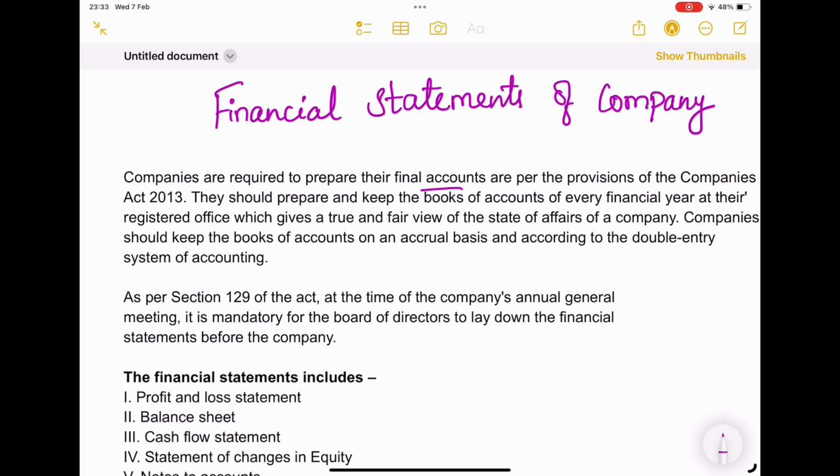As per section 129 of the Companies Act, at the time of the company's annual general meeting, it is mandatory for the board of directors to lay down the financial statements before the company. A company is an artificial person as per the Companies Act, isn't it? That artificial person has a legal responsibility to present its books of accounts before the members of the company.